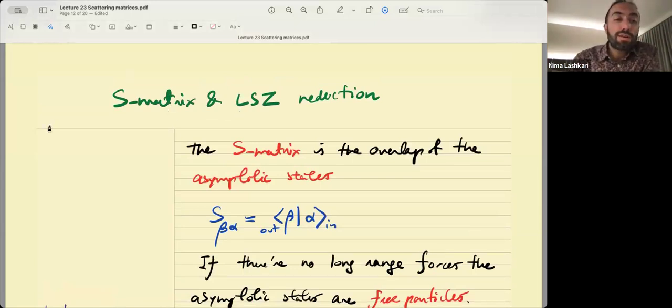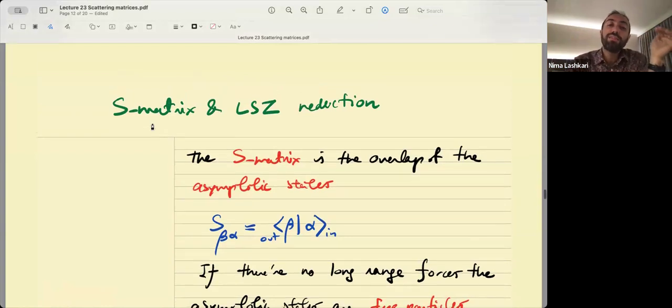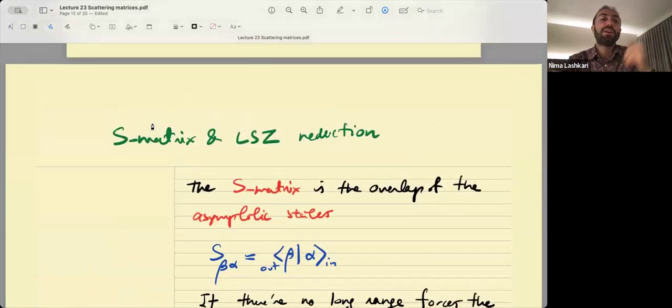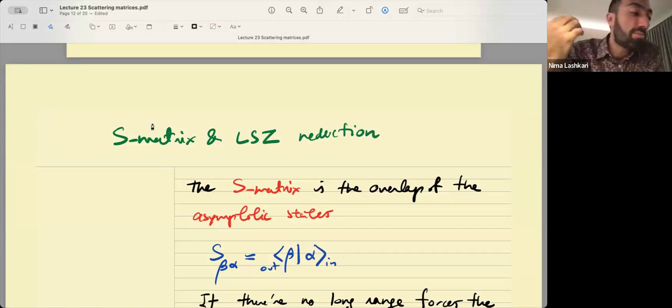For example, imagine you have an S matrix where two particles come in, they scatter, and then two particles go out. That process has four variables: the incoming momenta p1 and p2, and the outgoing momenta p1 prime and p2 prime.